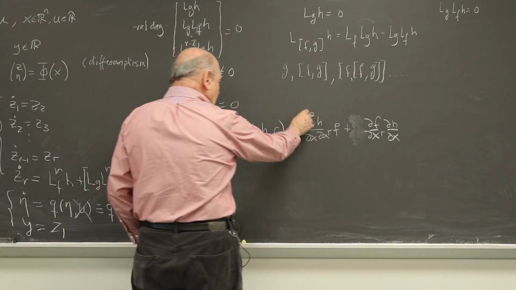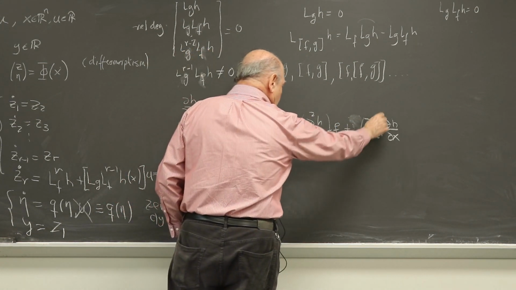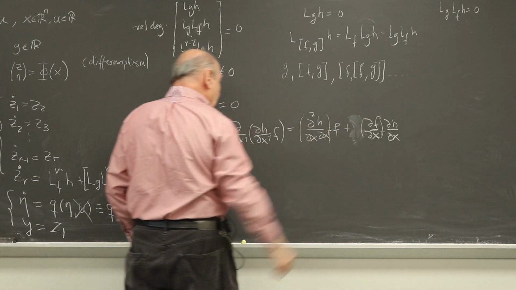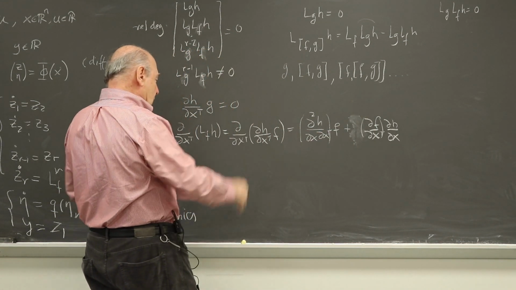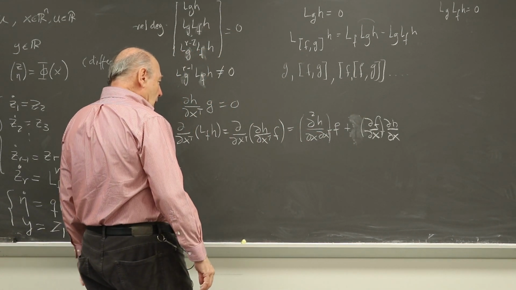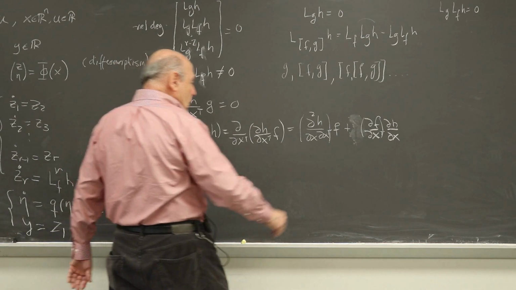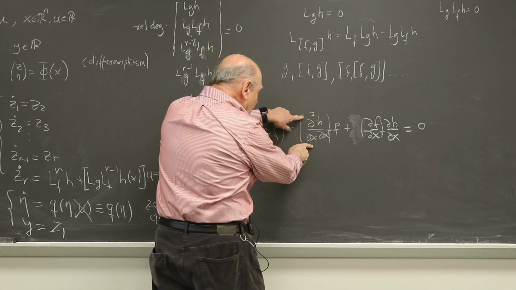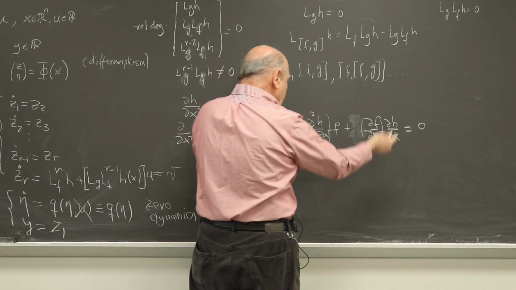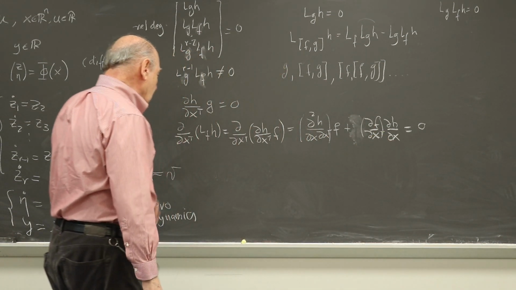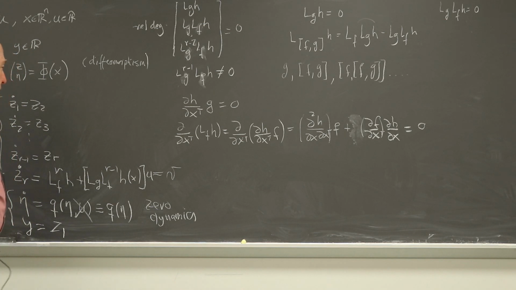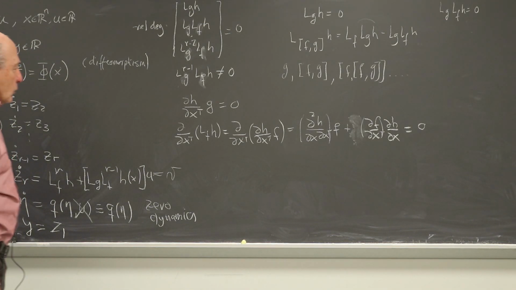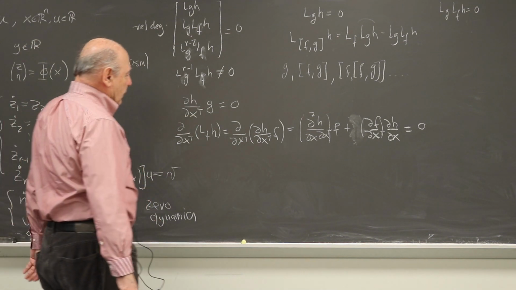So here I have a matrix times a vector. Here I have a matrix times a column vector. So this is a set of n differential equations. When I equate this to 0, now I have a second order partial differential equation, which is much harder to solve than a linear partial differential equation.